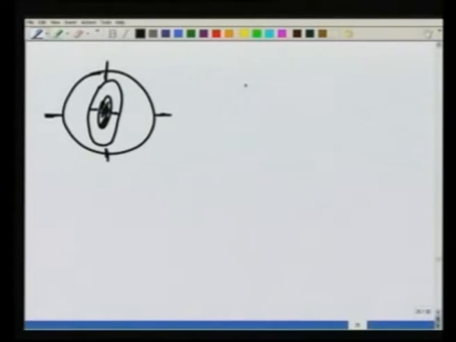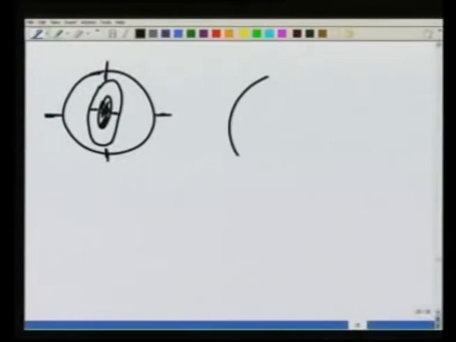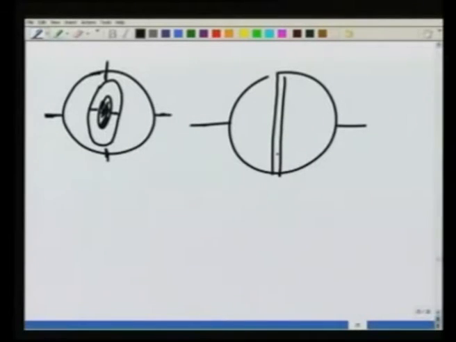Let me look at it from a different view. The outer frame is like this, and let this inner frame be in the position like this, you see, this way, and then the wheel is mounted like this.